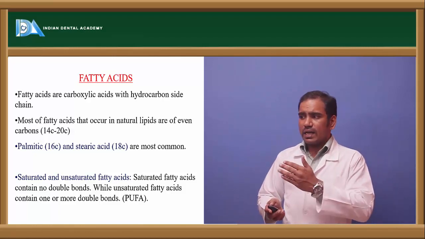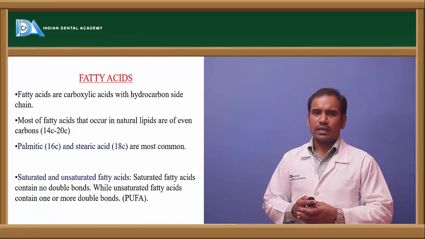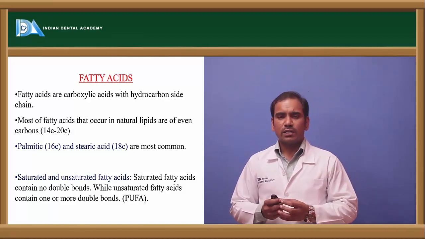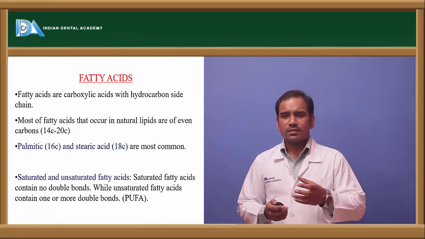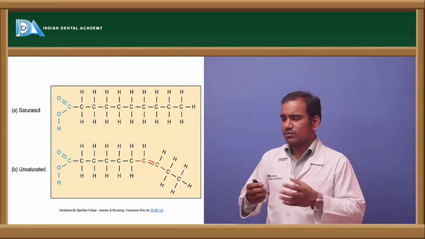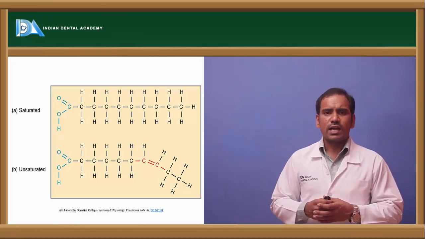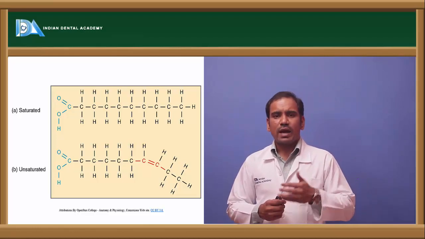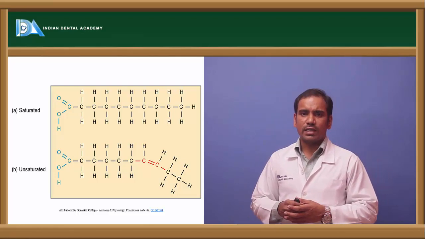These fatty acids can be classified into saturated and unsaturated fatty acids, depending upon the double bonds. Whenever a fatty acid has double bonds in its structure, we call it an unsaturated fatty acid, and fatty acids without double bonds we call saturated fatty acids.